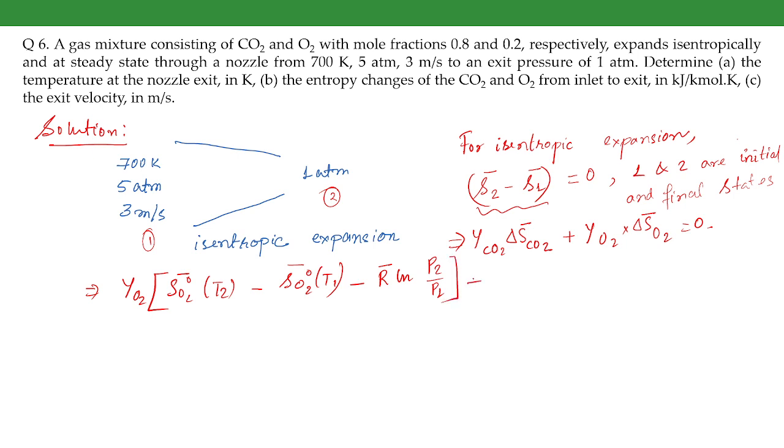Plus YCO2, same things for CO2, S°CO2 at temperature T2 minus S°CO2 at temperature T1 minus R ln of P2 by P1. This value is for CO2. Ultimately, again the sum of these is 0.